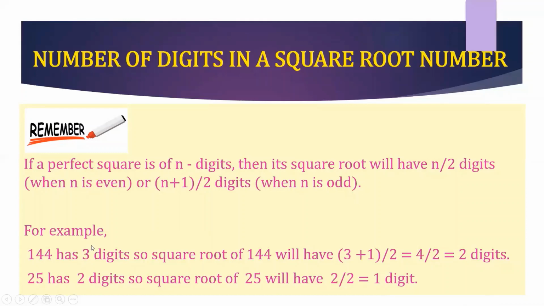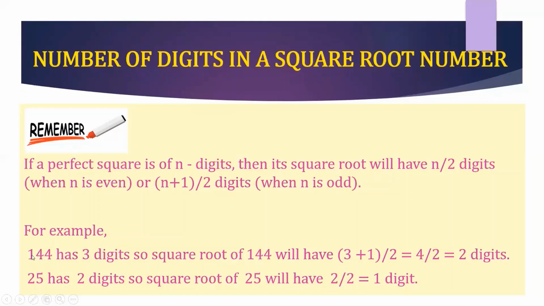So we will add 1 to 3, that is 3 plus 1, and then we will divide it by 2. So we'll have 4 upon 2 is equal to 2. So the square root of 144 will have 2 digits.